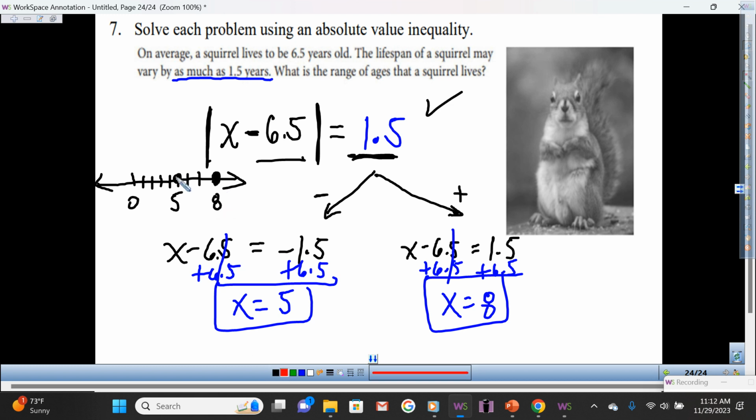So if I shade all of this from here to here, tell your neighbor to write the inequality of that graph. Tell your neighbor to write the inequality. Looks like Martin's got it. Very good. The inequality.